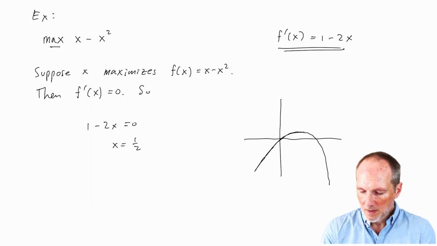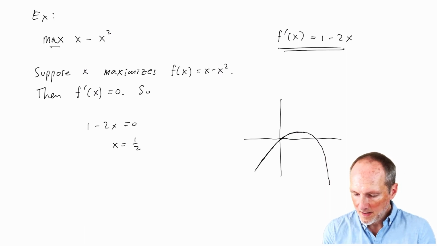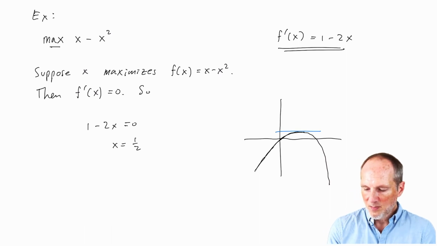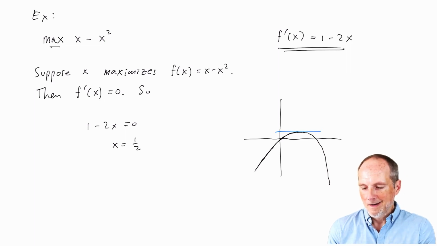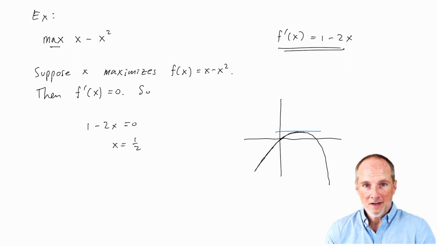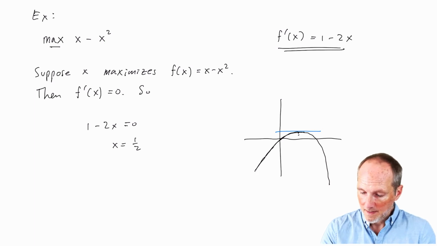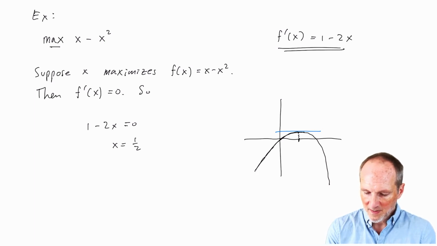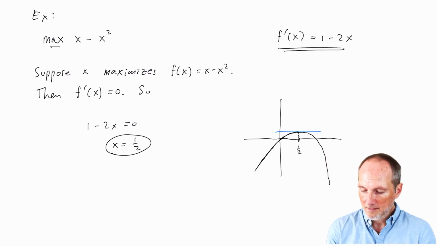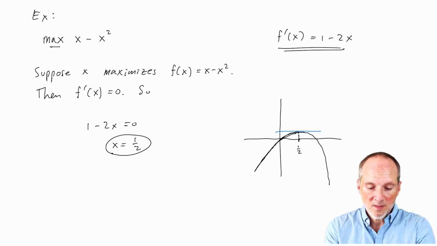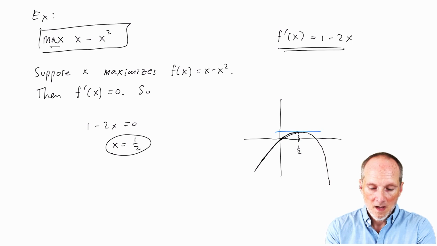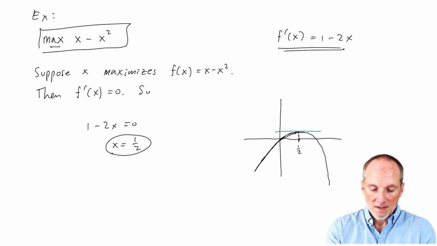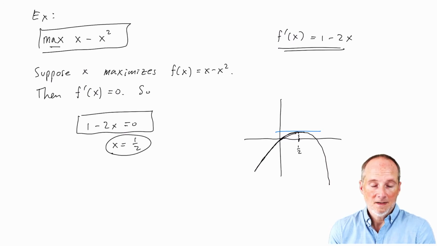And so we know that at that point where the derivative is 0, the function's not going to take a higher value anywhere else. Okay, so that means this is a maximizer. We just solved for that. That's x equals 1/2. So what we did was we had this maximization problem that we didn't really know how to solve, but we used that result to convert that to just a simple equation that was easy to solve.